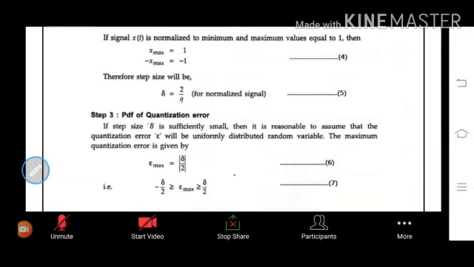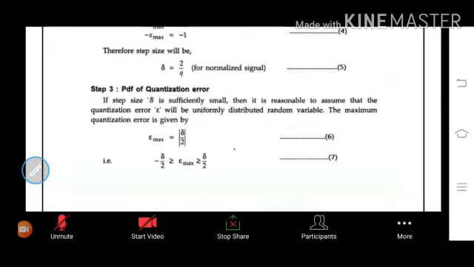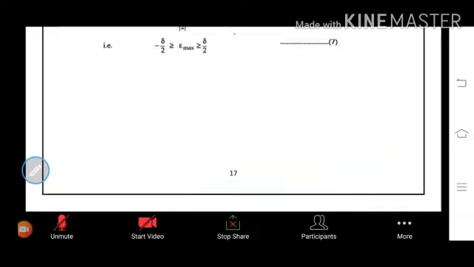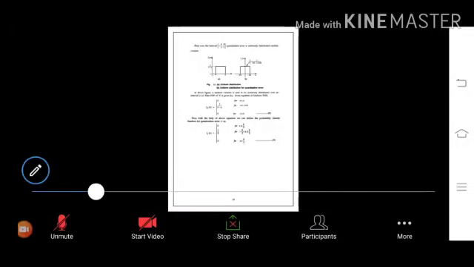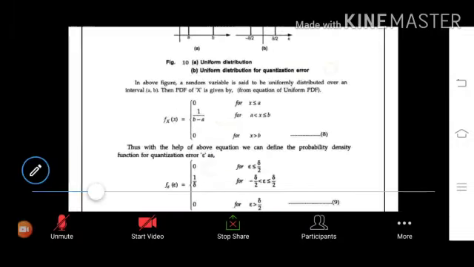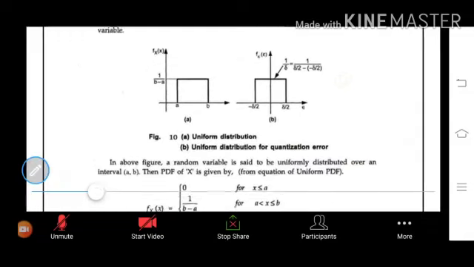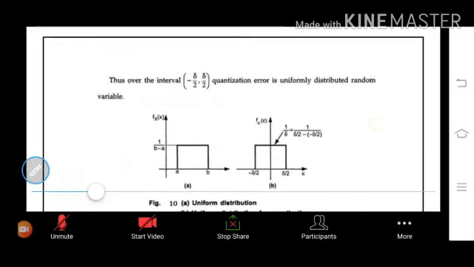Another is the quantization error PDF. If the step size delta is sufficiently small, then it is reasonable to assume that the quantization error epsilon maximum is equal to the average of the delta. That is simply to find the average from negative to positive level, the uniform distribution of the quantization error.